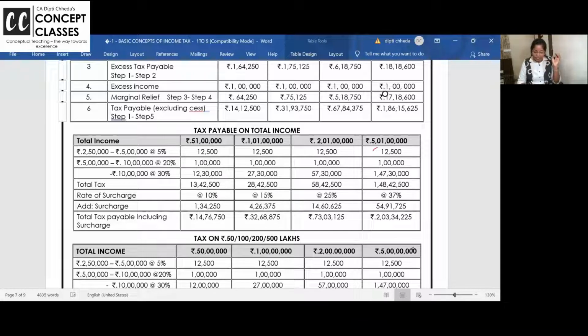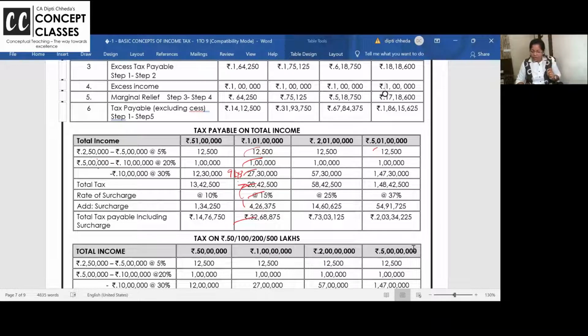First up to 2.5 lakh nil, 2.5 to 5 lakh 12,500, 5 lakh to 10 lakh 20%, 1 lakh, and above 10 lakh, from 10 lakh to 101 lakh, so on 91 lakh 30%. And because the income has exceeded 1 crore, you have to pay surcharge at the rate of 15% on tax. And so your total tax is this.